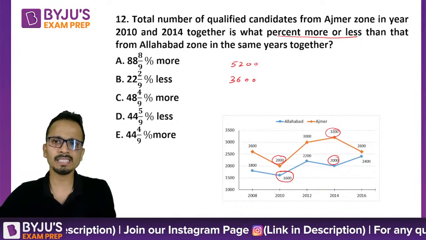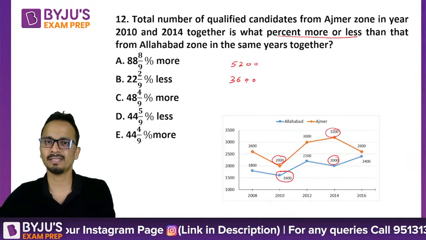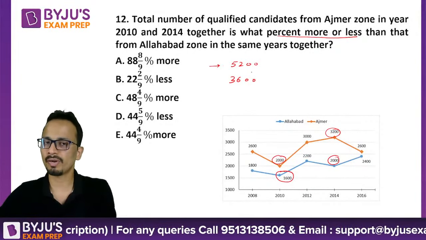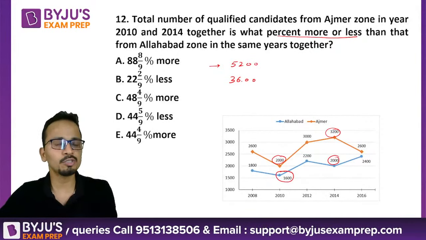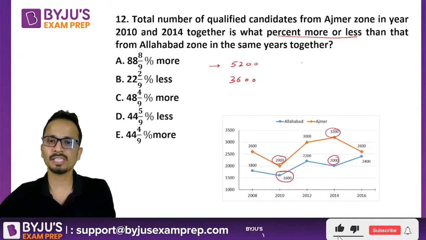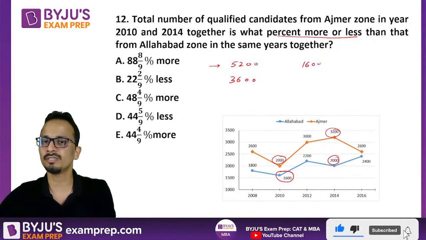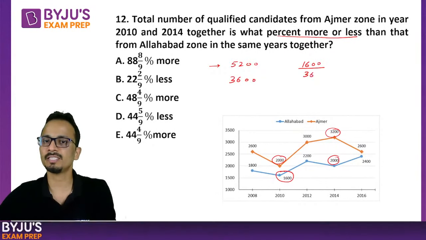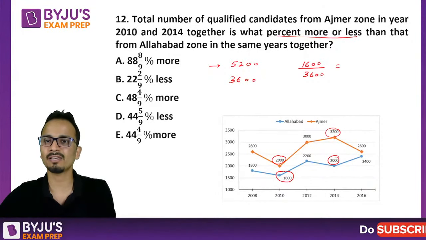So obviously 3600 is less than this. So we have to find out the first value, 5200, is what percentage more than 3600. So the difference here is 1600, and 1600 is what percentage of 3600 is what needs to be calculated.